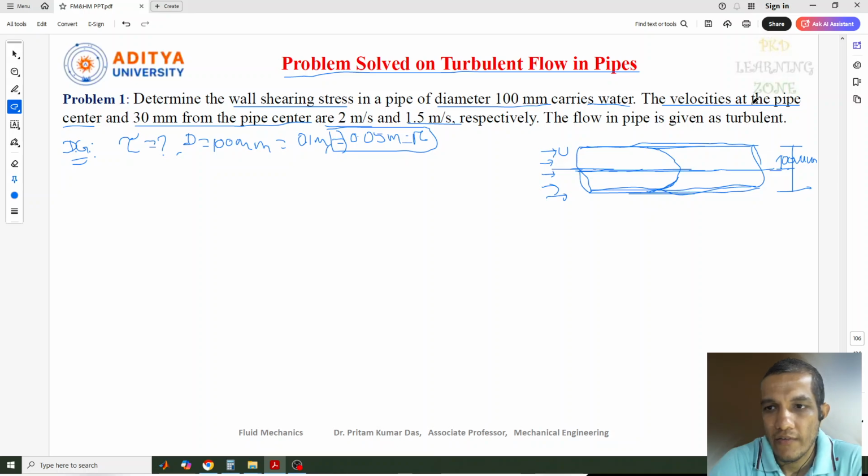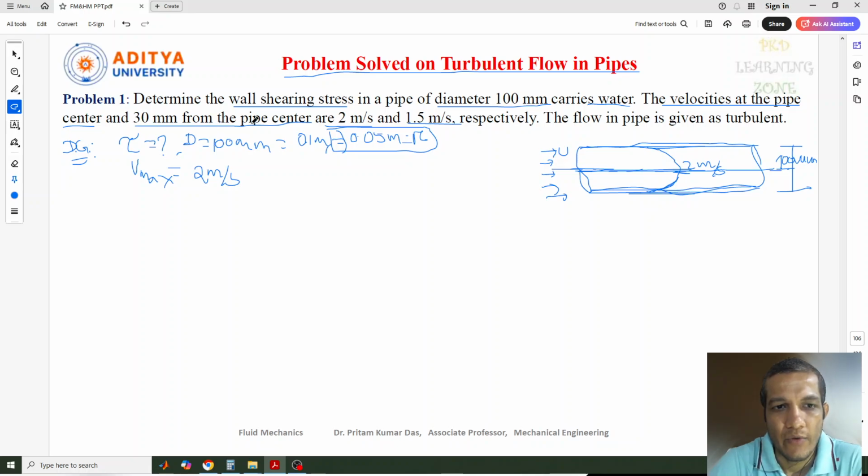The velocity at the pipe center is given as 2 meter per second. You can write this as v max, or u max if you consider u. That is 2 meter per second, because that is the maximum point.